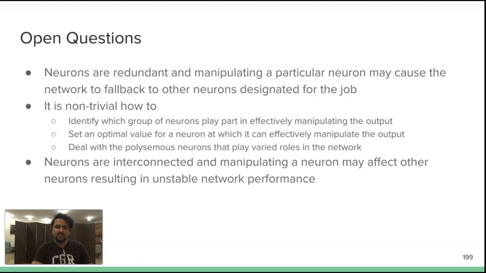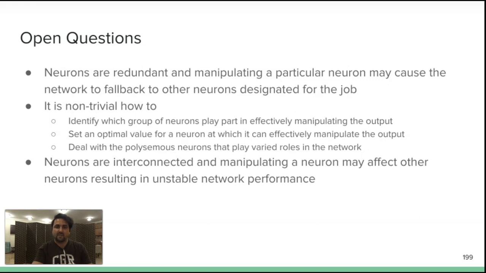interesting research questions. For example, neurons capture concept information redundantly, as many papers have shown. Manipulating a single neuron or a single group of neurons, the network may fall back to use other neurons designated for that job. It is non-trivial what group of neurons that were aligned to a concept actually take part in manipulating the output.